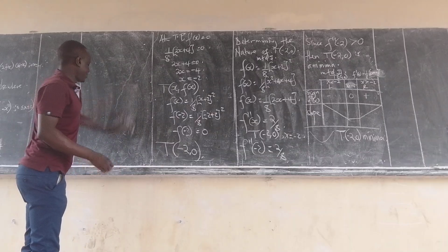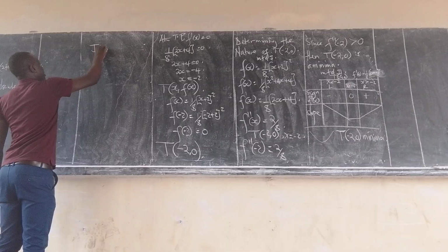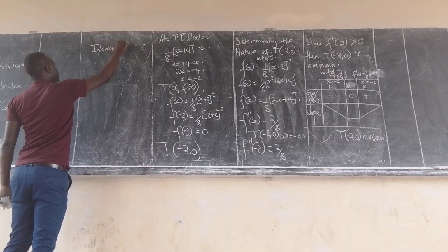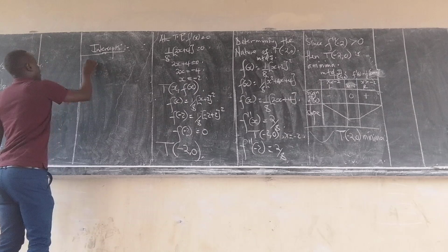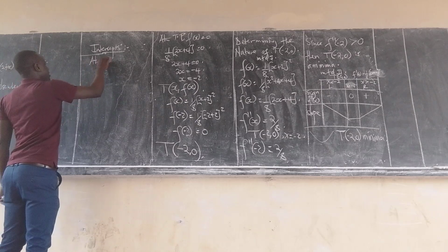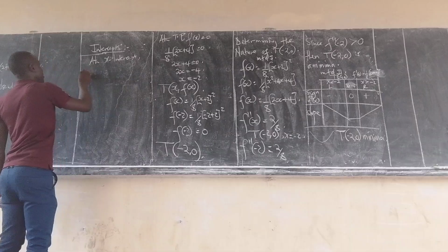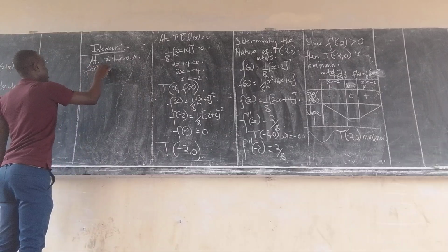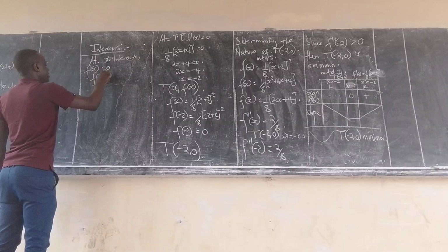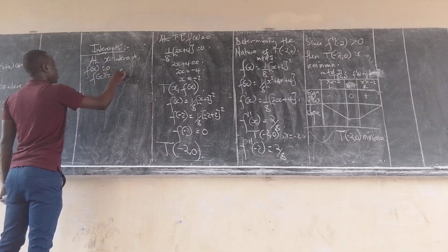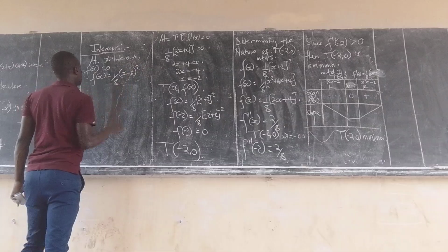Yeah, intercepts. So for the intercepts, like we said before, there are 2 intercepts. At the x-intercept, that is when f of x is 0. Now my f of x is 1 over 8 into x plus 2 all squared.